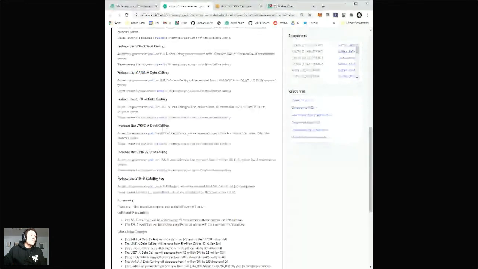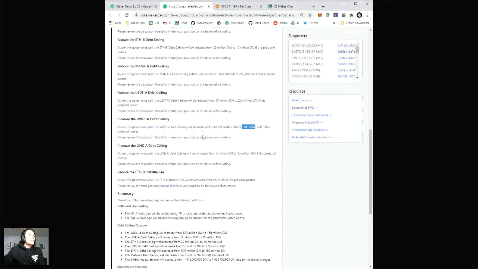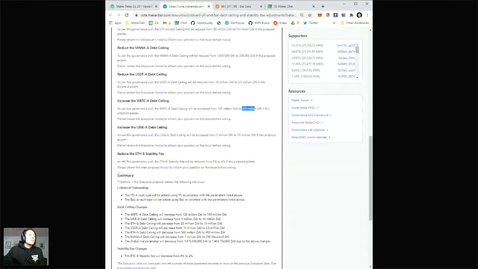USDT Tether A is being lowered from 10 million to 2.5 million. WBTC is being increased from 120 million to 160 million. Link is being increased from 5 million to 10 million. And the only stability fee that's changing is the ETHB stability fee from 6% to 4%.